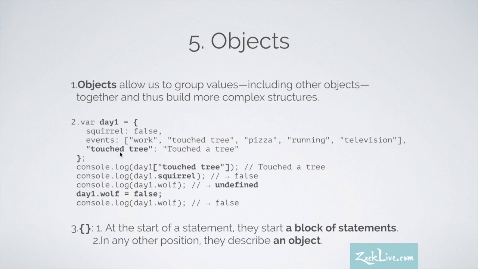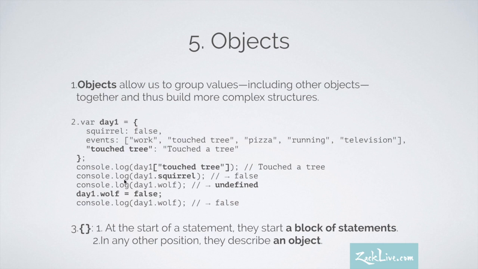The third one is quite interesting. We have a string with 2 words as the variable name, and then we have a string value for it. Since it's a string with 2 words, you cannot access it with the dot operator. You need to use square brackets to access this property, as we can see in the first console log.